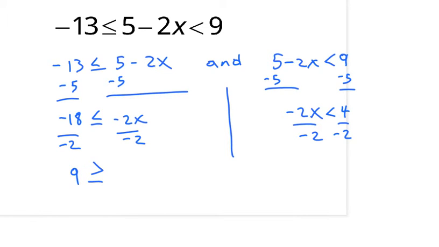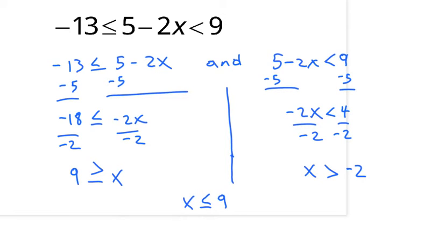On the right, x is going to be greater than, this time, negative 2. So there's our solution. x is both greater than negative 2 and also less than or equal to 9. And we could write that as x is less than or equal to 9 and greater than negative 2.